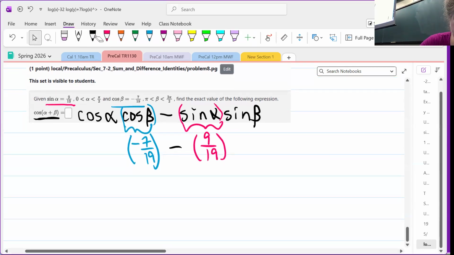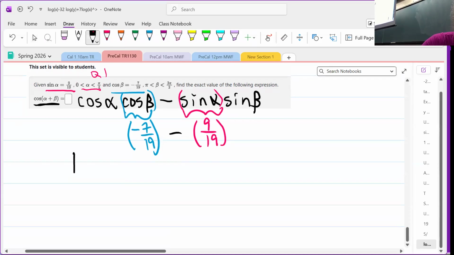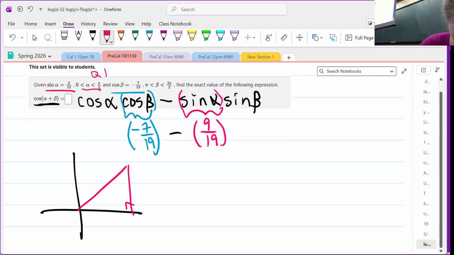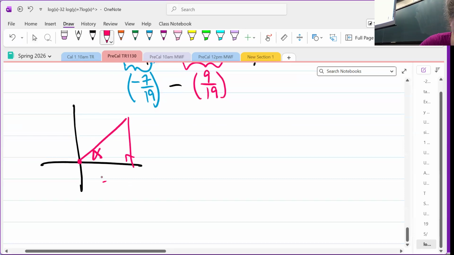for alpha and beta. For alpha, they tell me alpha is between 0 and pi over 2. So that's quadrant 1. If they tell us where the angle is, we better draw it. And there's our alpha labeled, that angle at the vertex on the origin. They tell us sine of alpha was 9 over 19.